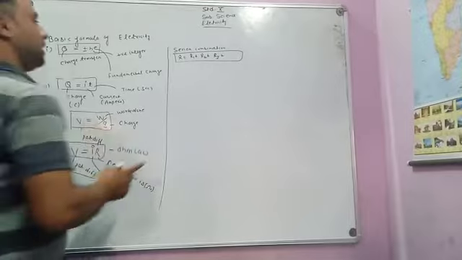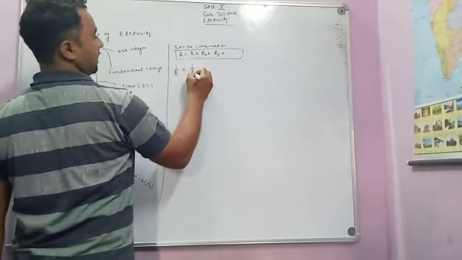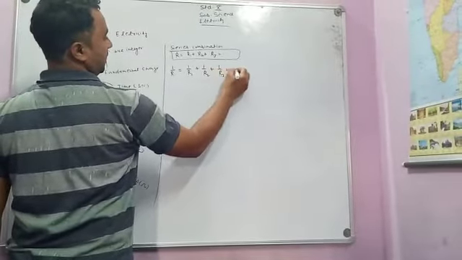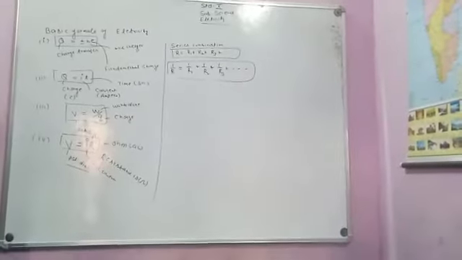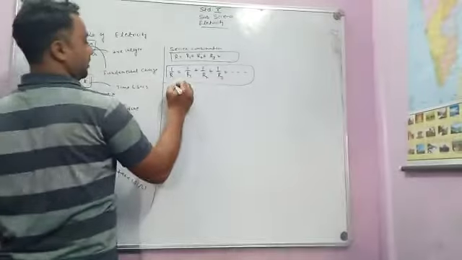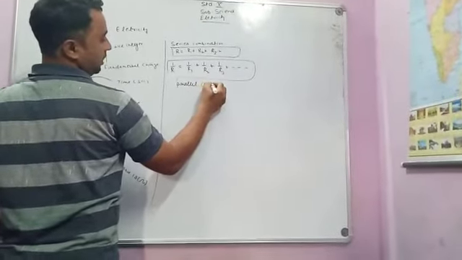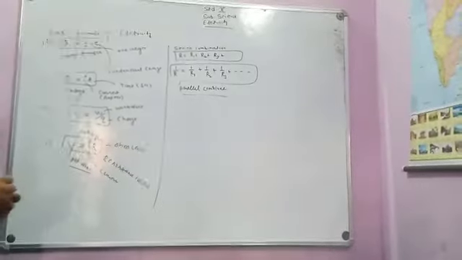Next, for parallel combination, 1 by R is equal to 1 by R1 plus 1 by R2 plus 1 by R3. This is the formula for the parallel combination.